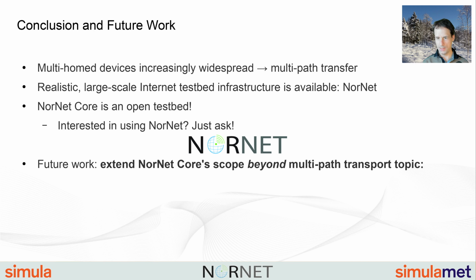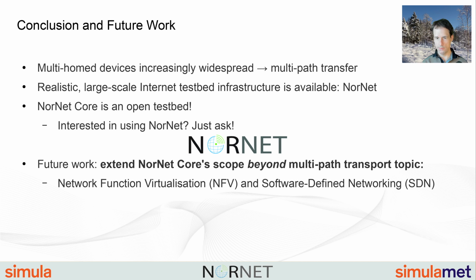And of course we are currently thinking about extending NorNet Core's scope beyond the multi-path transport topic, particularly around, for example, internet routing and ideas to do some measurements in the internet where multi-homing is of interest.